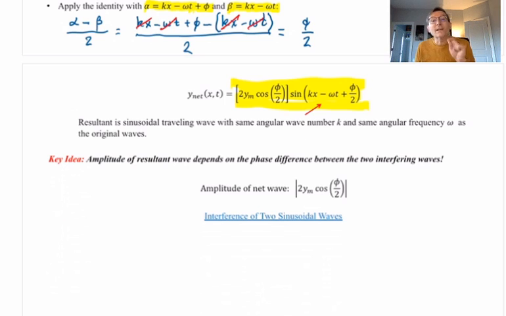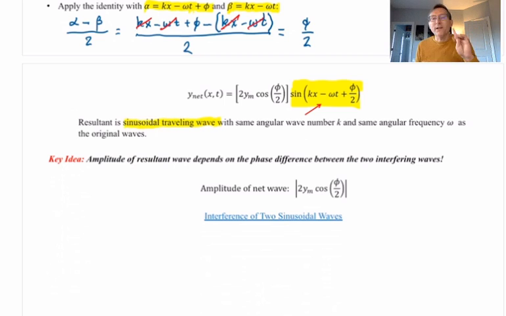This is going to tell us what kind of wave we're going to observe on the string. Okay, first I want to focus on this part right here. The sine of kx minus omega t plus phi over 2. When I see the kx minus omega t inside the sine function, that tells me right away that I have another sinusoidal traveling wave.